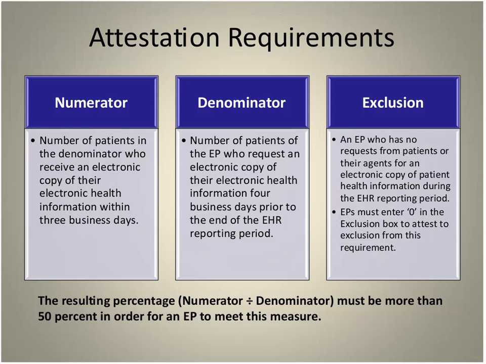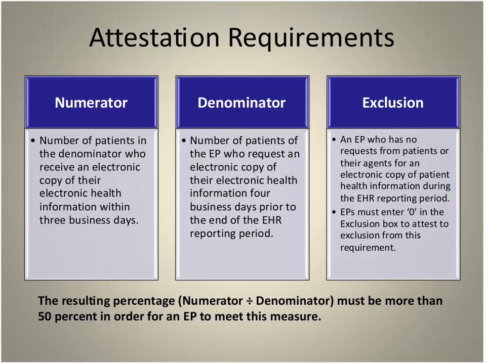The threshold percentage is 50%, and the denominator is, since this is request-based, not based on unique patients, the number of patients who request an electronic copy of their electronic health information 4 business days prior to the end of the EHR reporting period.